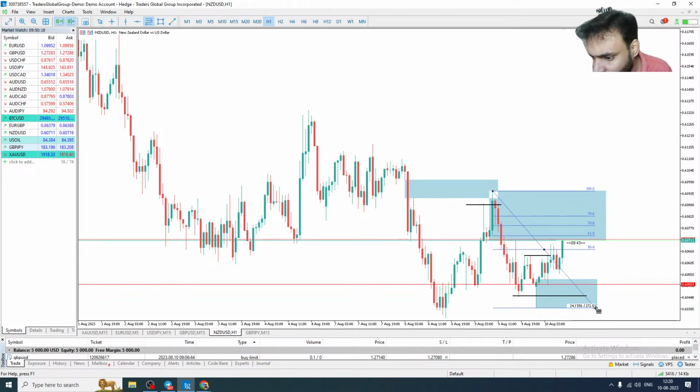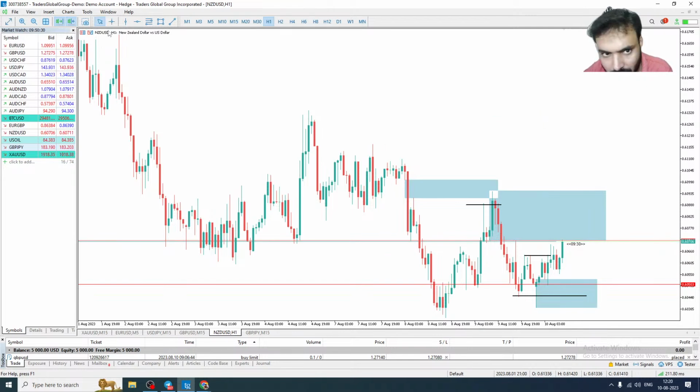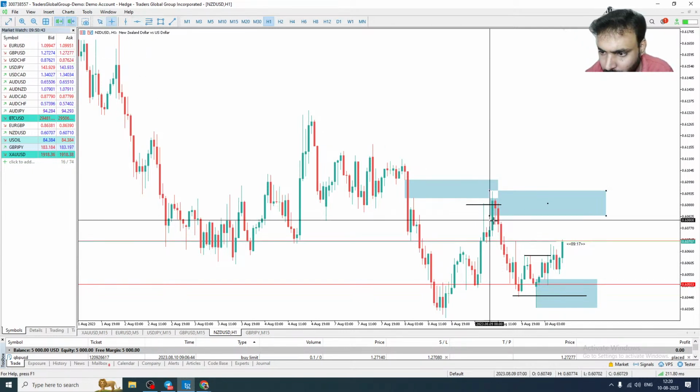Let's mark the 50. Let's take a Fibonacci. So yeah, the price is already at a premium level. So what we can do, we can again mark 50% of this somewhere here. So now your stop loss will be reduced to 119 points.